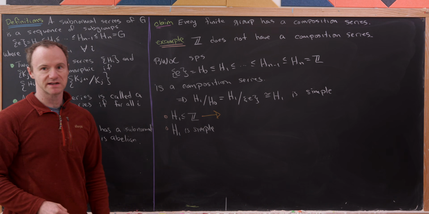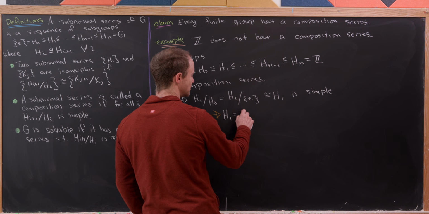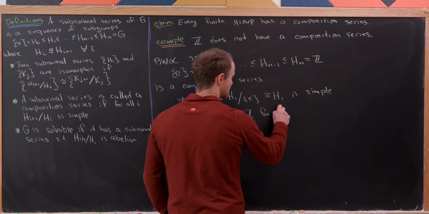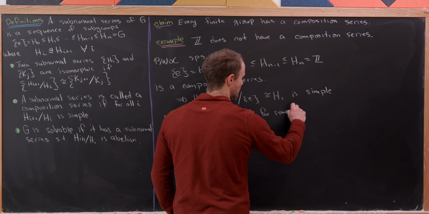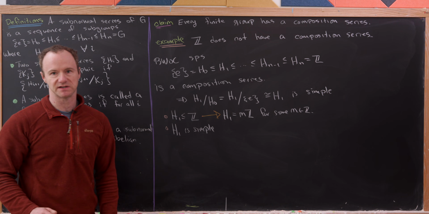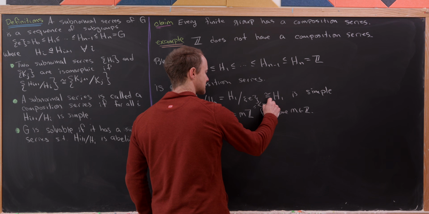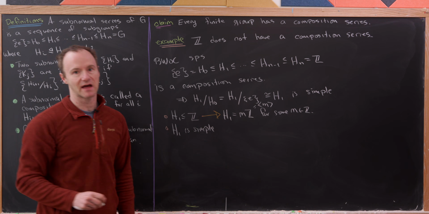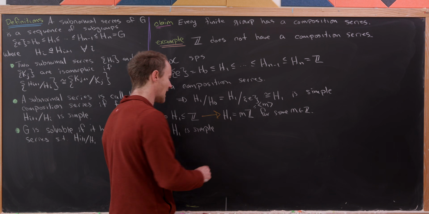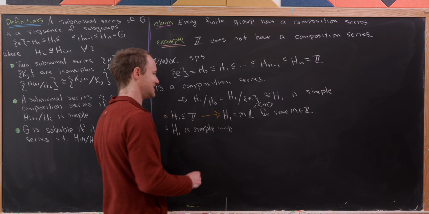If H_1 is a subgroup of G, that means that H_1 is equal to mZ for some m, which is a natural number. That's by just a classification of all subgroups of Z. They're all cyclic. Maybe if you want to write that as the subgroup generated by m, that would also be totally fine. But now notice that we can immediately see that H_1 is not simple.